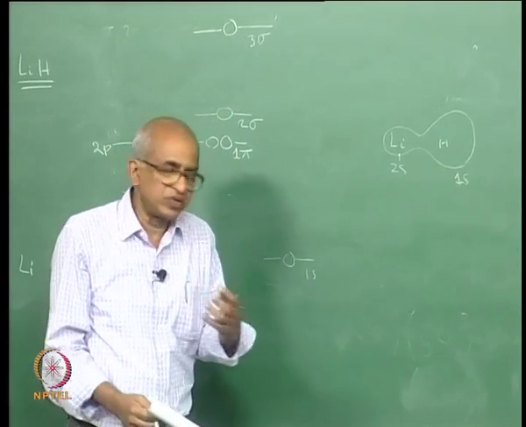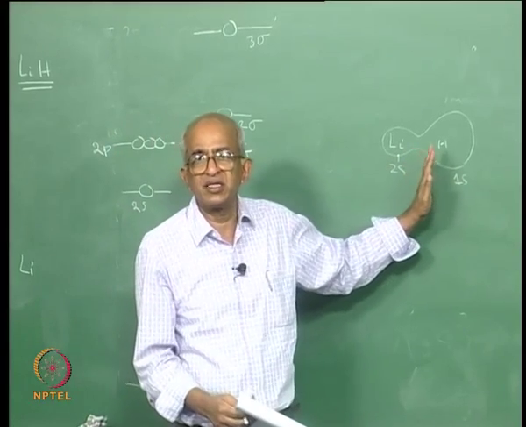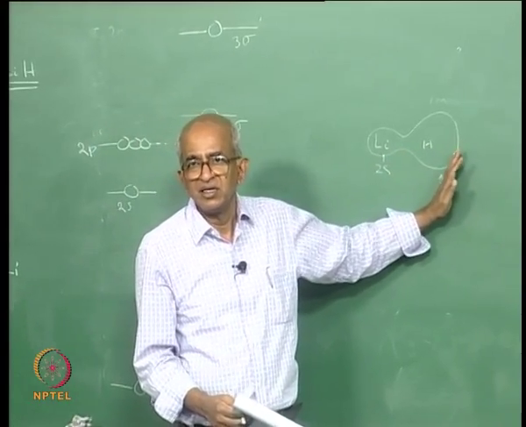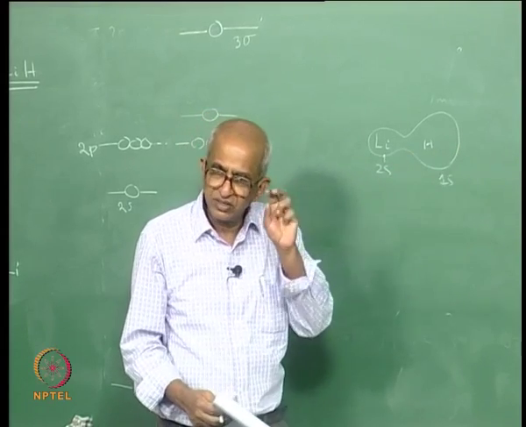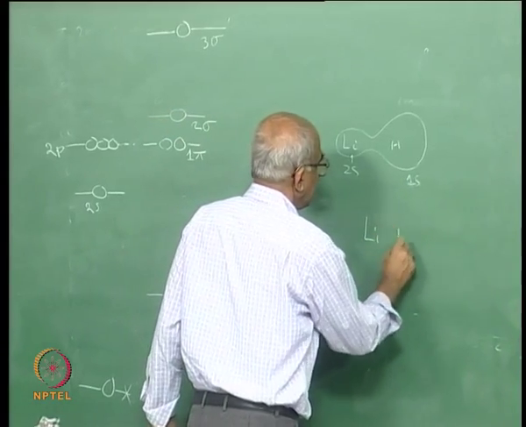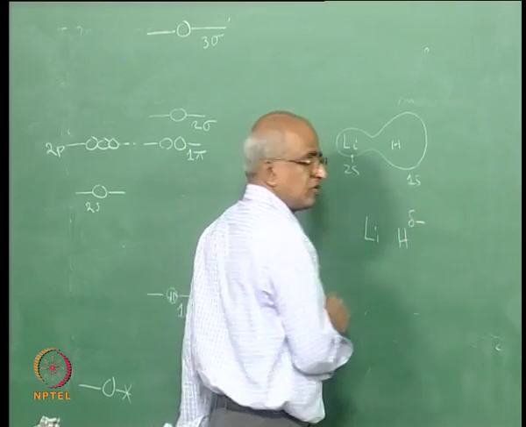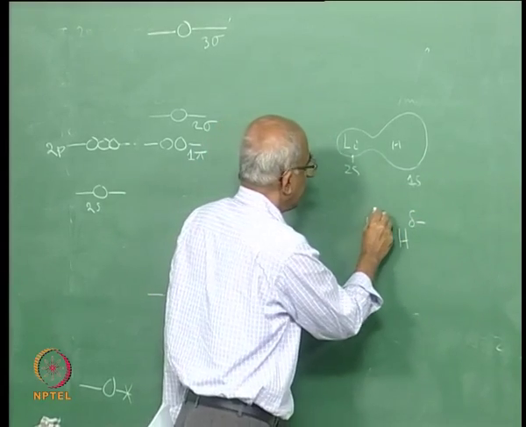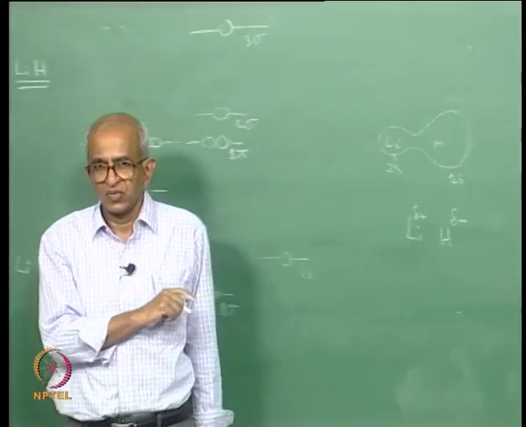So, if you put 2 electrons into this orbital, these 2 electrons will be mostly spending their time near the hydrogen, right. And therefore, in the case of LiH, you will find that there is a sizable negative charge on the hydrogen, and an equally sizable positive charge on the lithium, right.